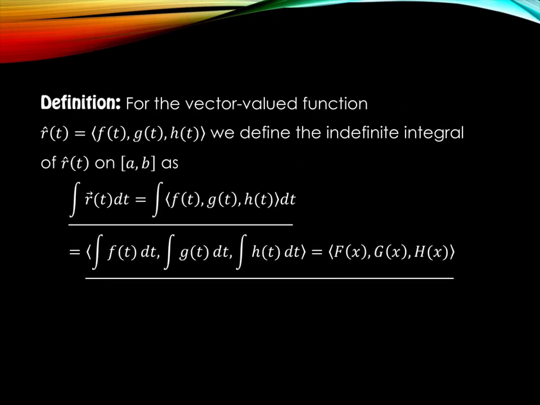So the next piece is integration. For the vector valued function, again, given as normal, we define the indefinite integral of r on AB as follows. And these are all equivalent versions of one another.